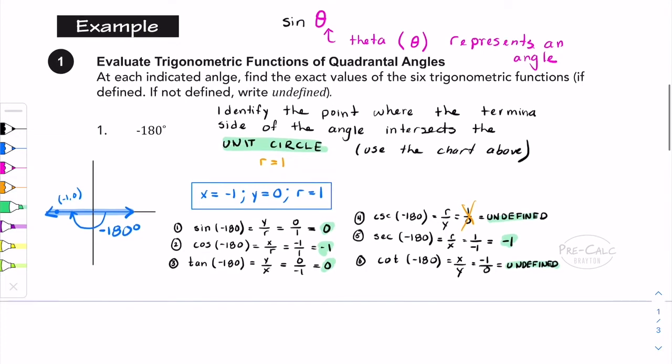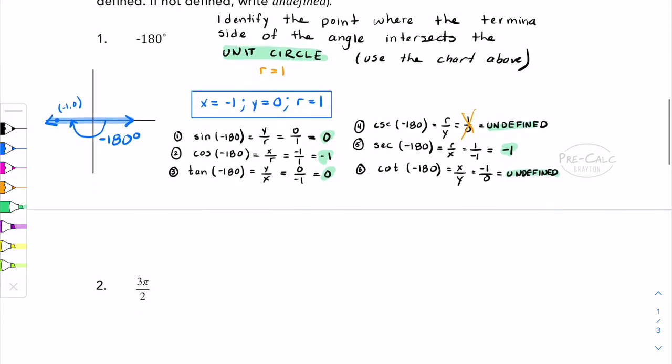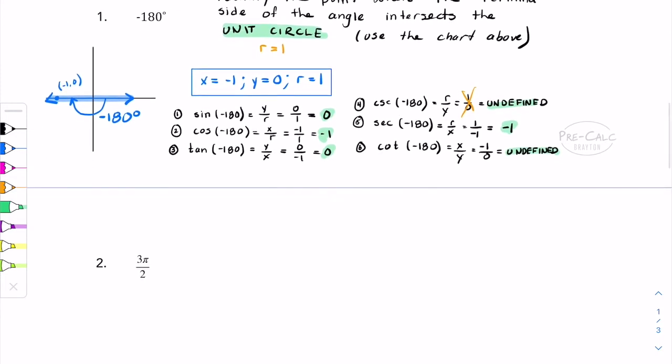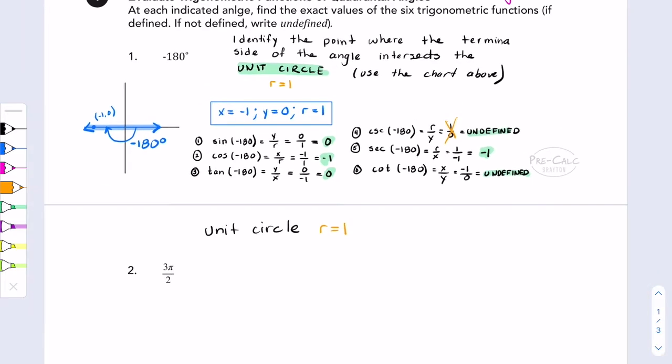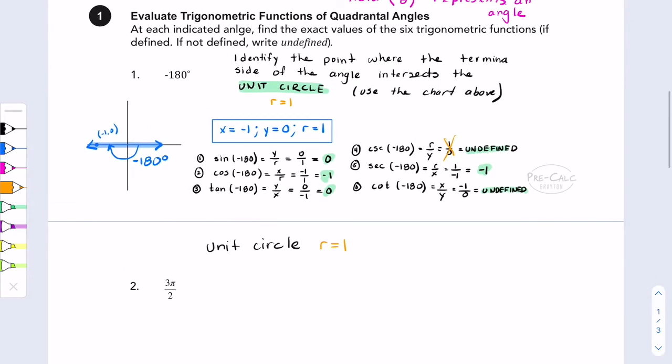Okay, the next problem, we're doing the same thing. So the directions tell us this is on the unit circle. So automatically we know that our r value is 1. I also am in need of sketching the angle of 3 pi over 2.